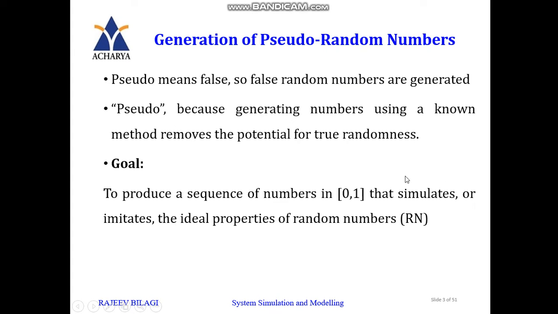Here we are going to say these random numbers are false, because generating random numbers using a known method removes true randomness. And here we are going to generate all the random numbers between 0 and 1.